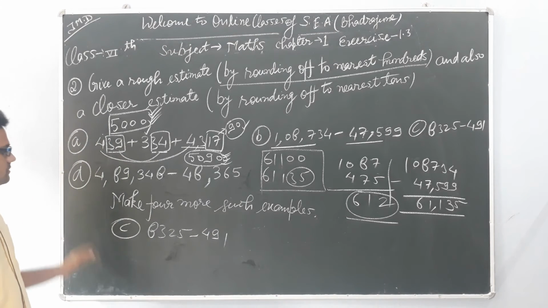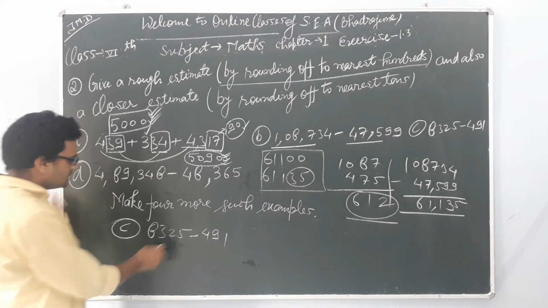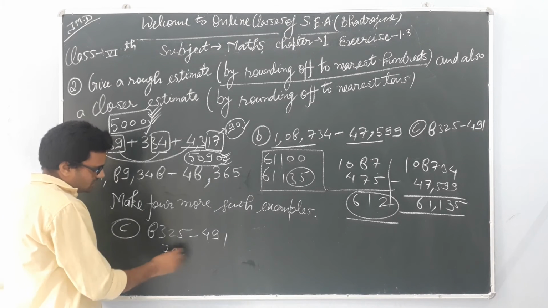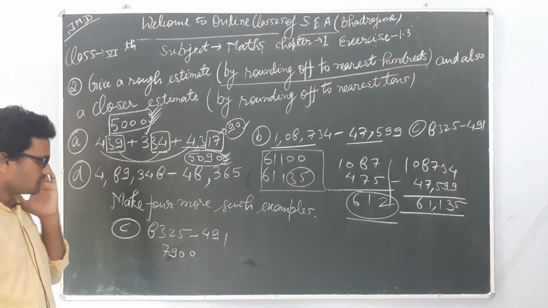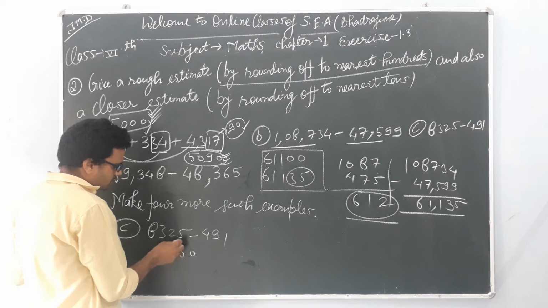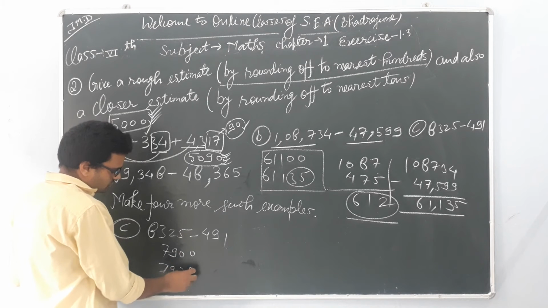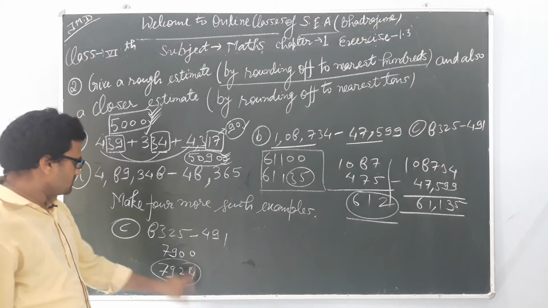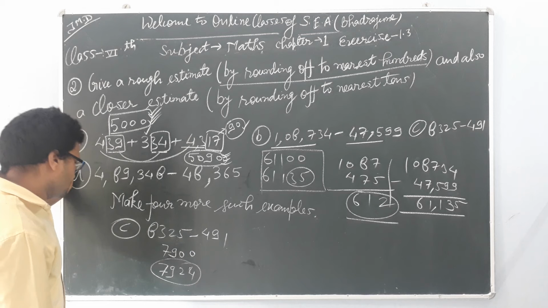If we see, this is our 8,300 and this is 400, then our nearest hundred is 7,900, because when 4 is subtracted from 83, we get 79.